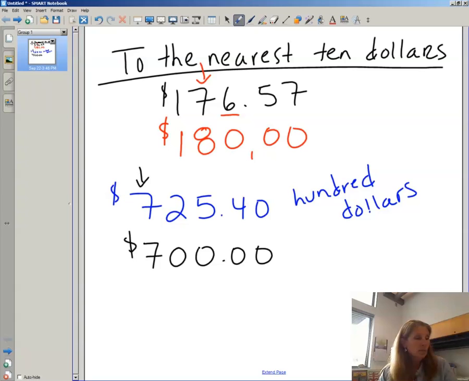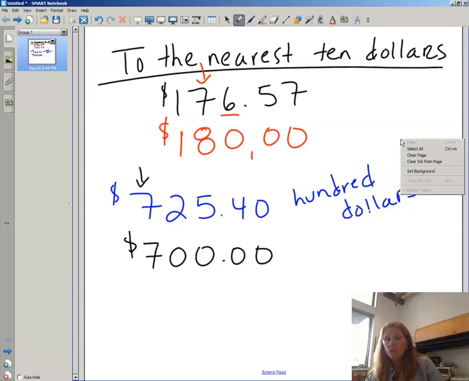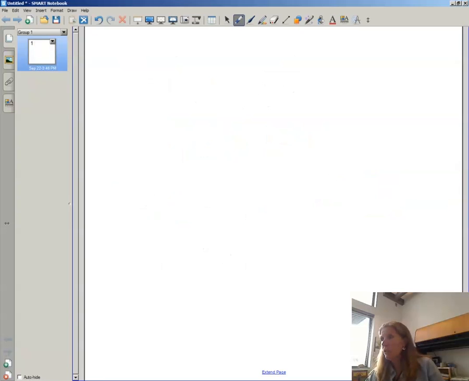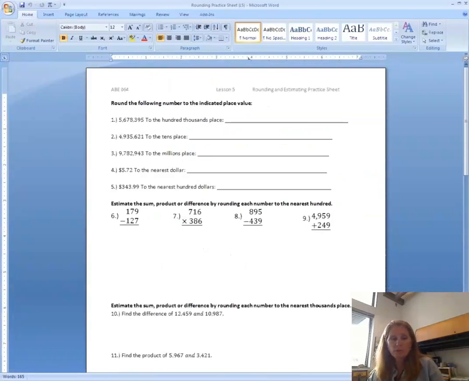So the next thing on your homework, I want to show you that real quick. The first part of your practice sheet, the first 5 questions here are asking you to round to the 100,000s place, the tens place, the millions place, the dollar, the $100. Those are all things that we just practiced. And then next thing it says estimate the sum, product, or difference by rounding each number to the nearest 100.